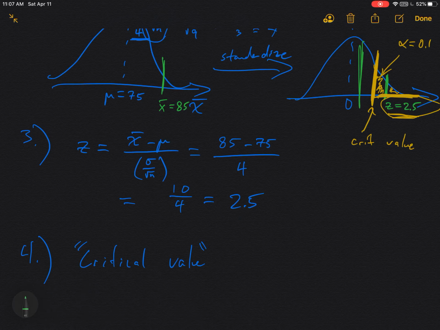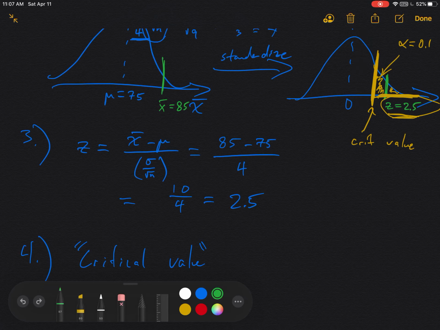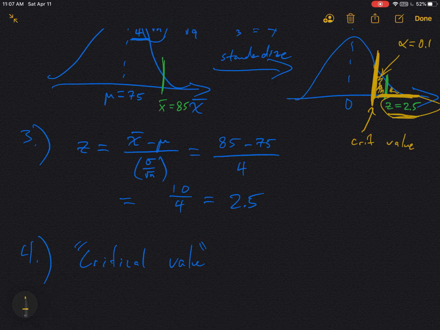So we would reject the null hypothesis in this case. If the z-value that we got from the test statistic was over here to the left of the critical value, then we would not reject the null hypothesis.